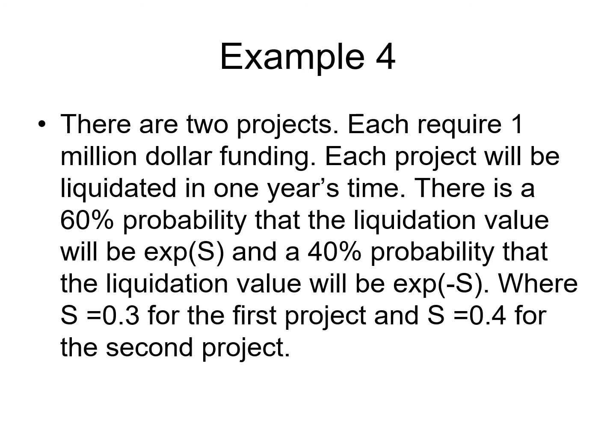There is 60% probability that liquidation value will be exponential S, and 40% probability that liquidation value will be exponential negative S, where S is equal to 0.3 for the first project and S equal to 0.4 for the second project.